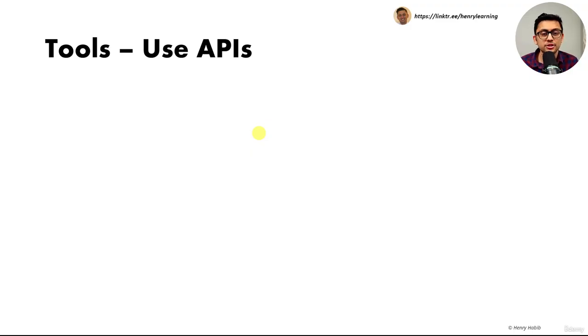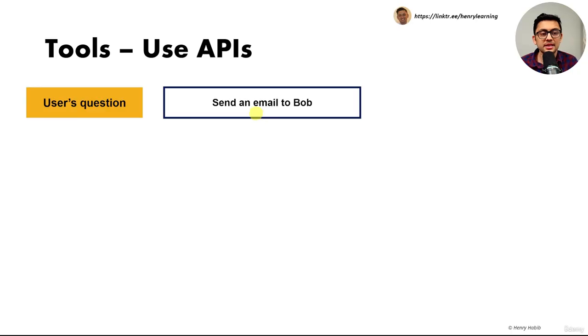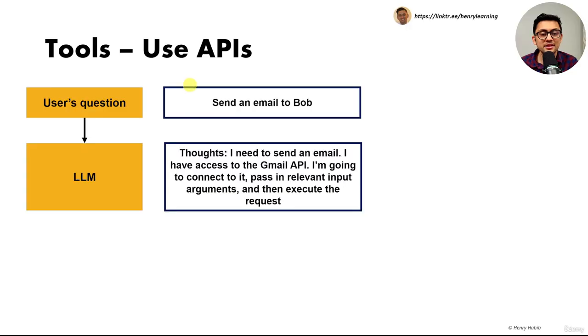So how this would work here is your user's question or request is to send an email to Bob. Now the LLM understands how the Gmail API works. It knows how to log in on your behalf using that API, and it knows what inputs it needs to use the send email action.